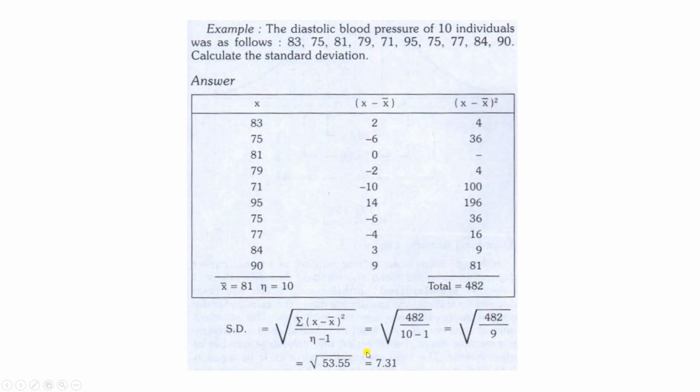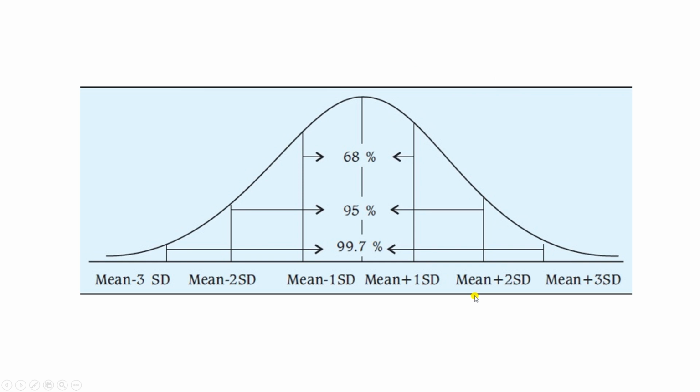So we have to remember this part. Now coming to this particular slide, this is my mean value. This is the highest frequency, the peak of the curve. Since the x axis denotes the value, this will be the mean value, which is 81.